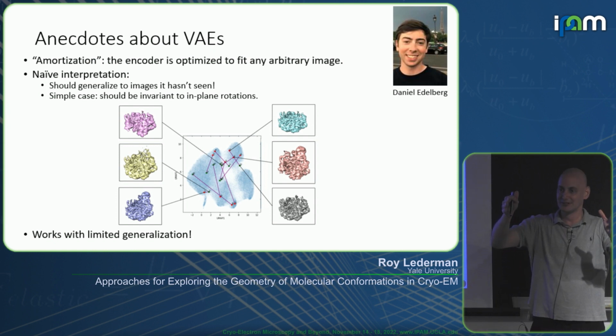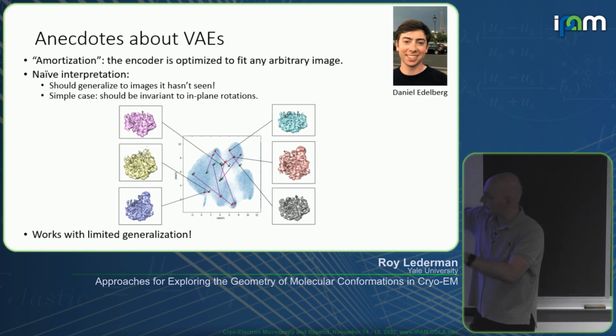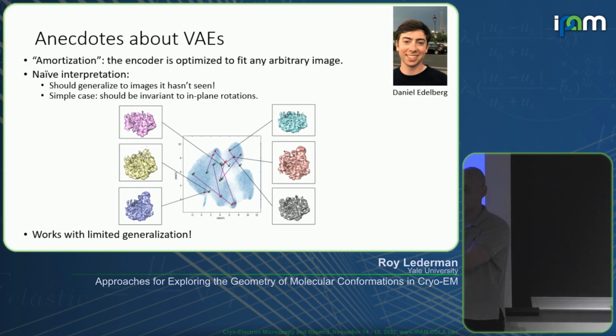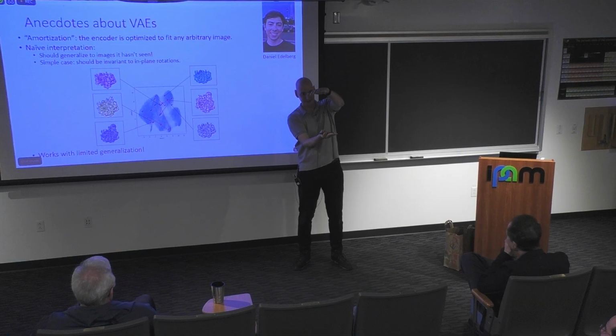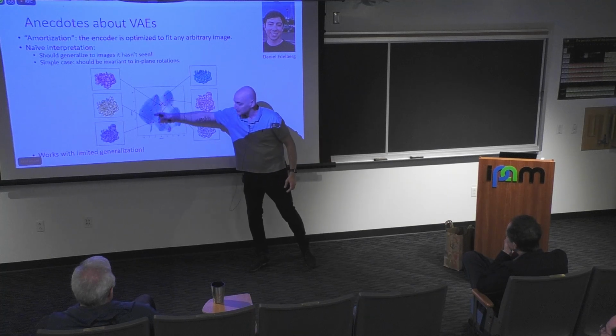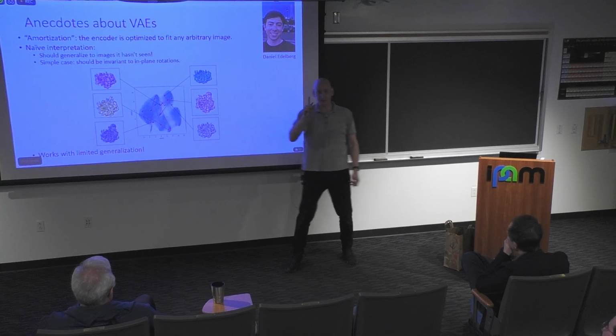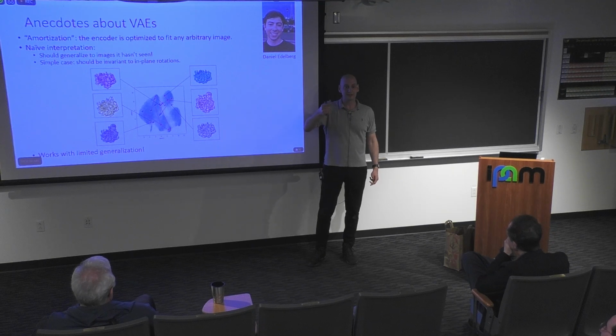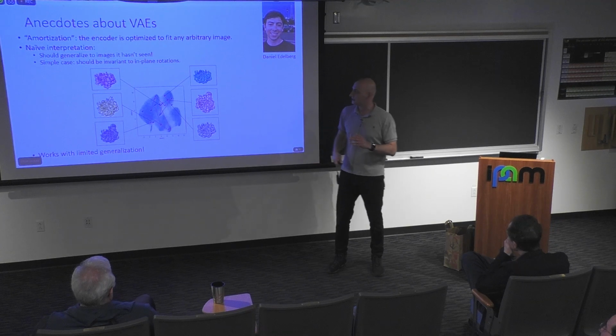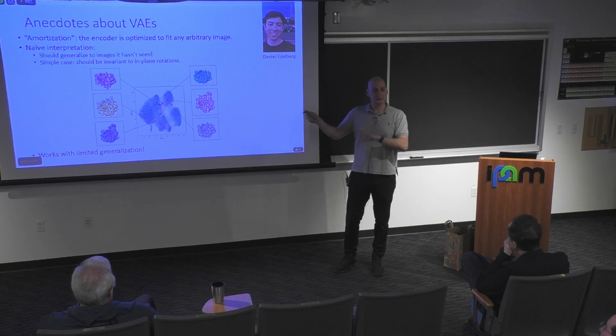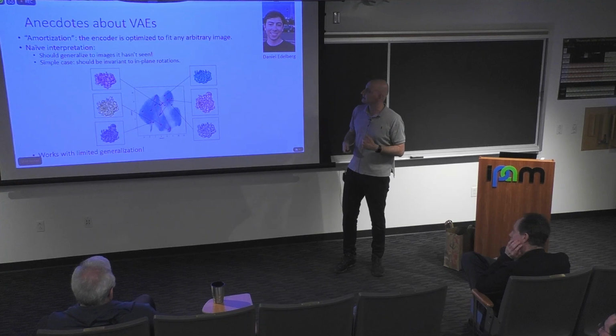So we did the optimization in Cryo-Dragon, and then we take the image and rotate it. And it goes to a very different place in the state space. Which doesn't mean that Cryo-Dragon doesn't work. It just means that the naive interpretation isn't accurate. It works without necessarily having this generalization that we might naively expect.